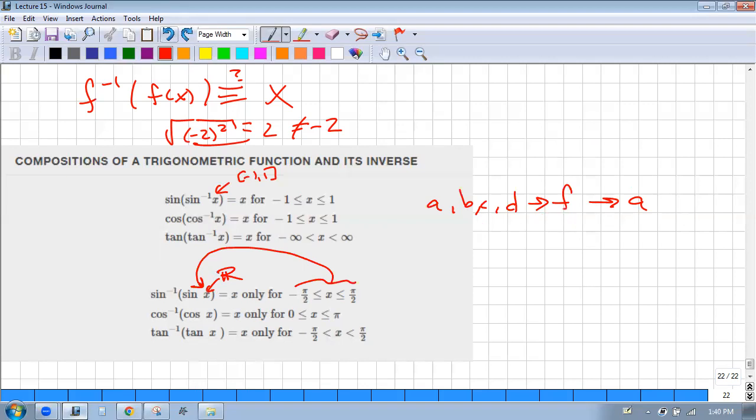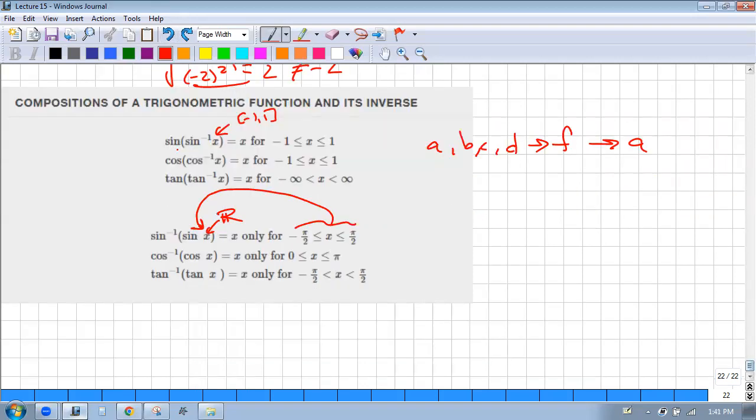Yes. So for sine here, you can plug in any number you want into sine. It spits something out between -1 and 1. We know that, right? That's what can go into sine inverse.